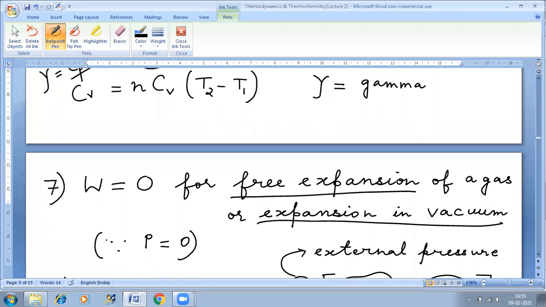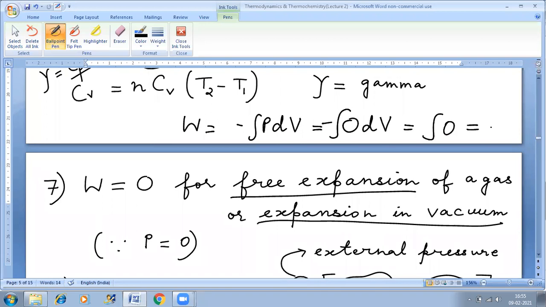So when I say W is equal to minus PdV, it will be zero, since the pressure is zero, and the integral of zero is zero. So work done is zero in case of free expansion of a gas because the external pressure is zero, and hence the work done will be zero.